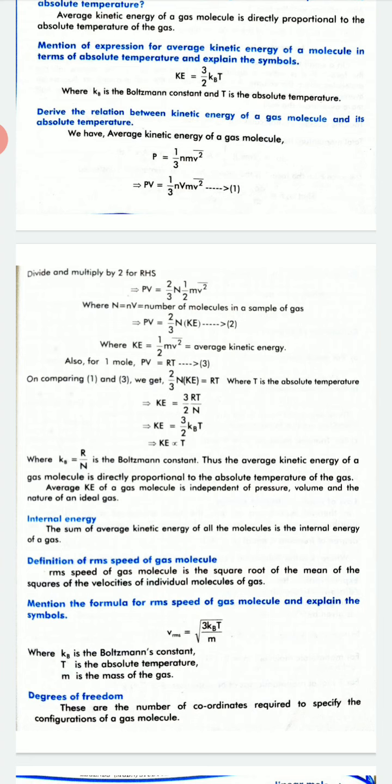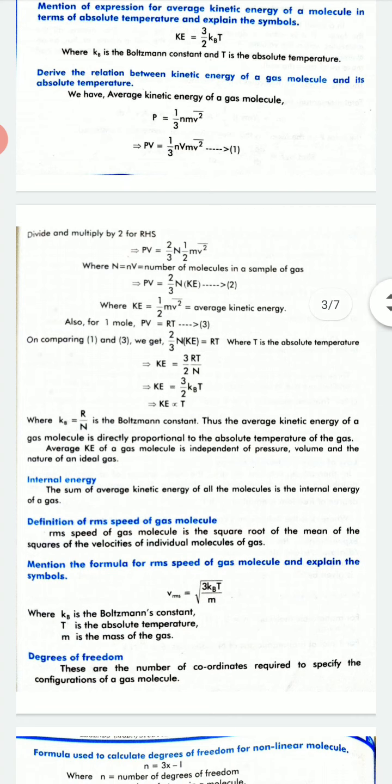RMS: R is root, M is mean, S is square. RMS, root mean square. It is the root of the mean of the square of the velocities of the individual molecules. That is the RMS velocity or RMS speed of the molecule.